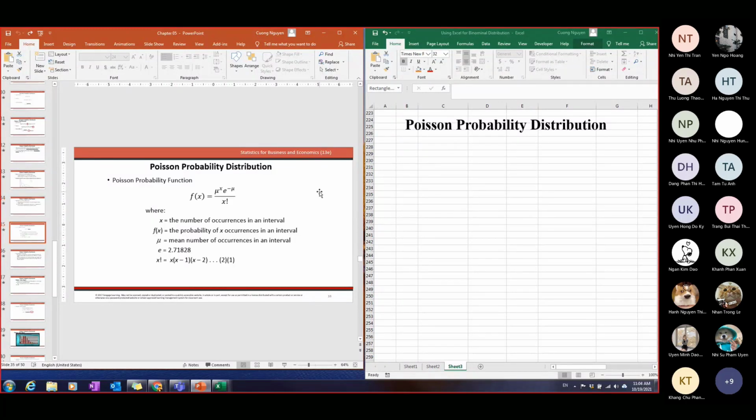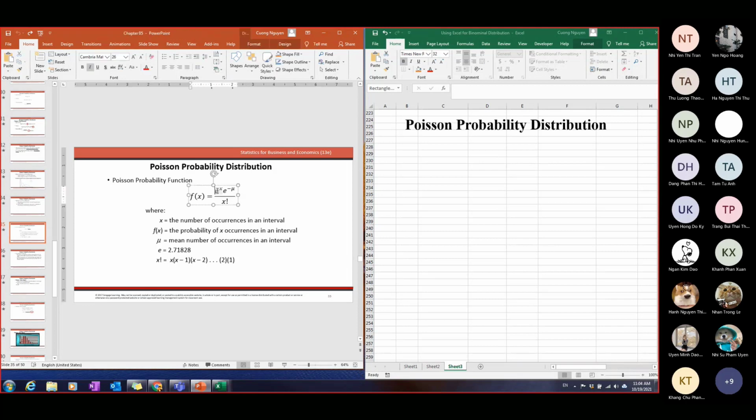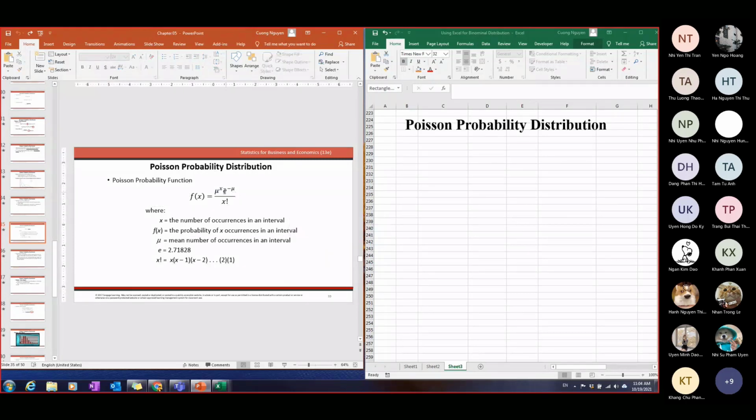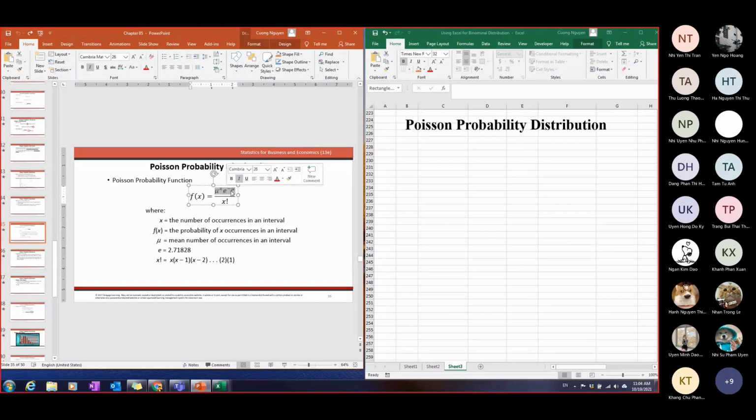And this is what people normally talk about, the Poisson probability function. Mu here means the same as lambda. Okay, if you say lambda will be 5, or sometimes people call it mu, that means the mean number of occurrences in the interval. And x will be what we really ask about.